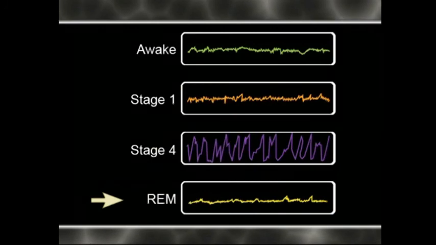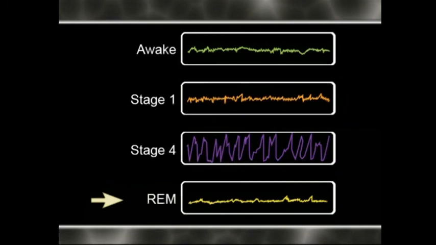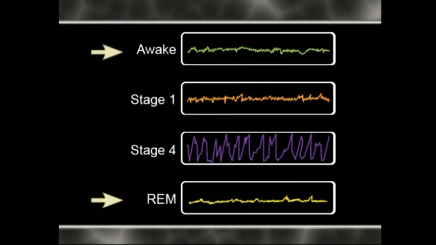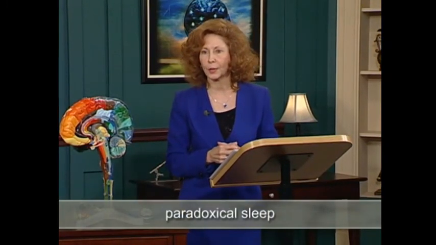What's interesting is that REM sleep is very similar in its EEG pattern to the awake state, and for that reason it's called paradoxical sleep.